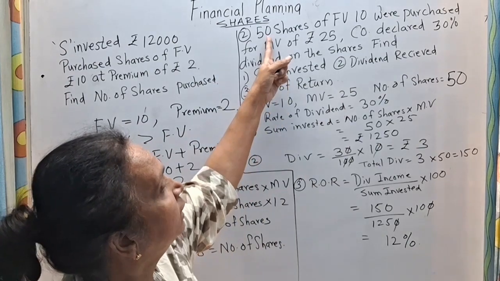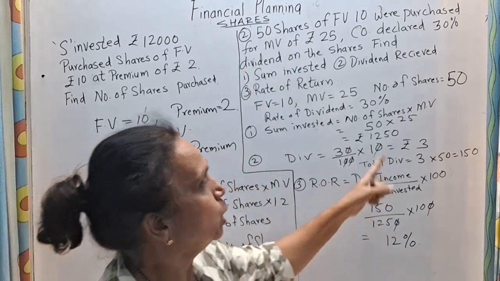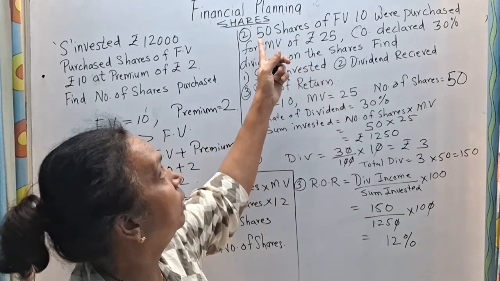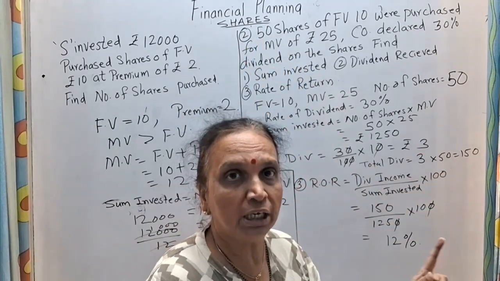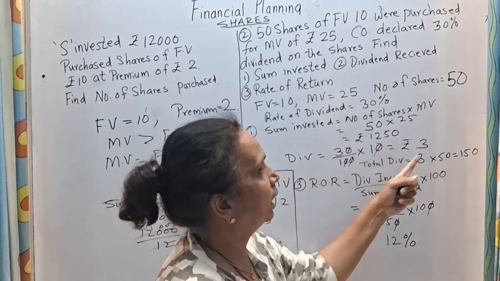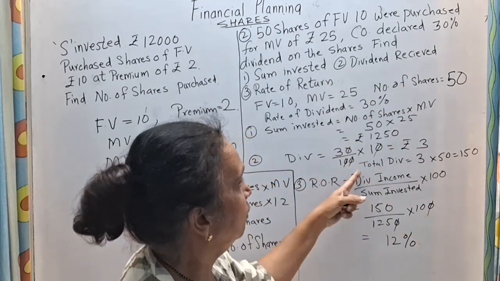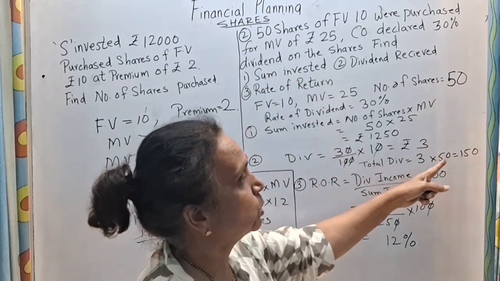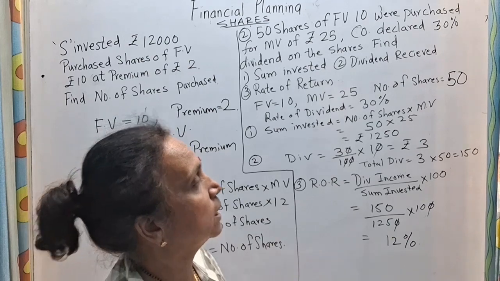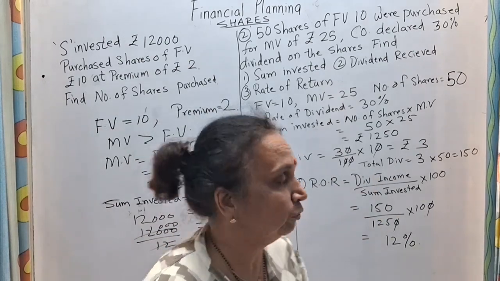But how many shares have been purchased? 50 shares. So 50 into 3 is 150. So total dividend for 50 shares will be 150. So we have calculated first as per 1 share, and that is 3 rupees. Then for the total shares, that is 50. So 3 into 50 is 150. So total dividend in this transaction he will be getting is 150.